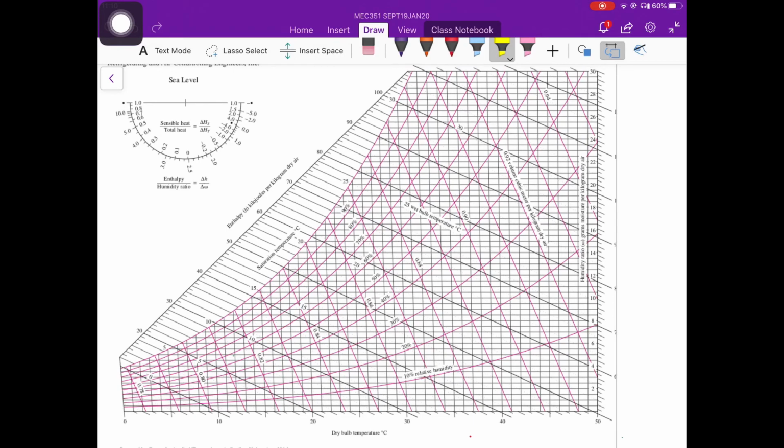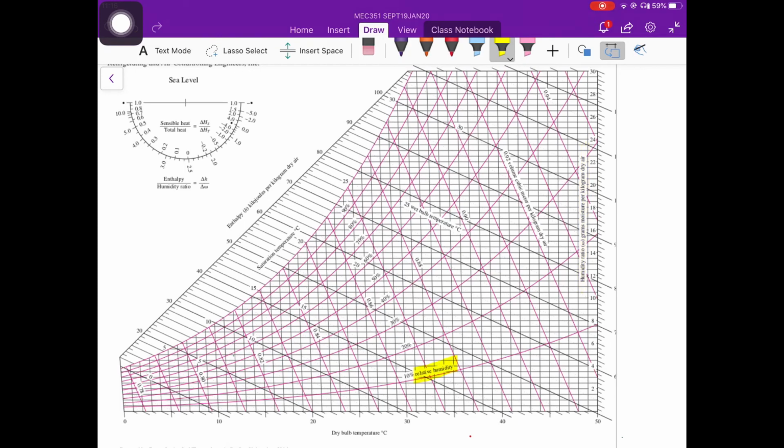They are dry bulb temperature in the unit of degrees Celsius, wet bulb temperature in degrees Celsius, the saturation temperature in degrees Celsius, which refers to the dew point temperature, enthalpy in the unit of kilojoule per kilogram dry air, the specific volume in the unit of cubic meter per kilogram dry air, the humidity ratio in gram moisture per kilogram dry air, which refers to the specific humidity.